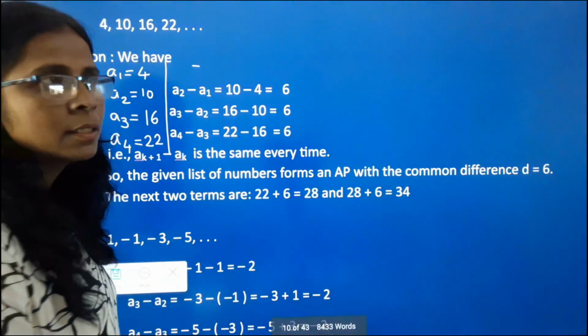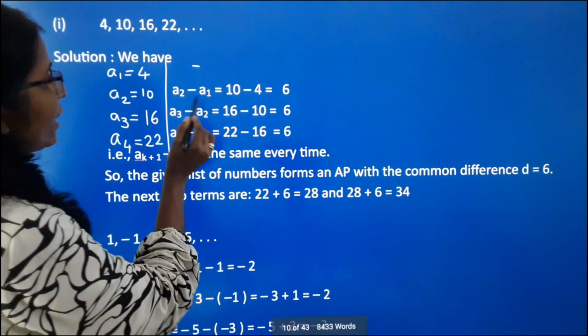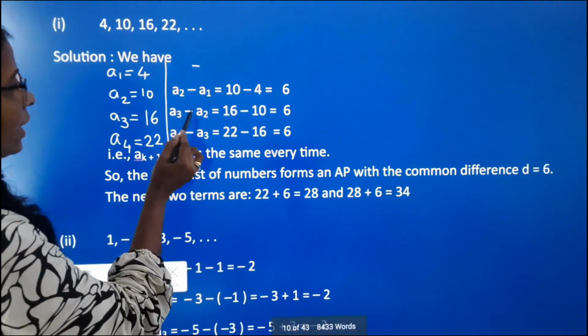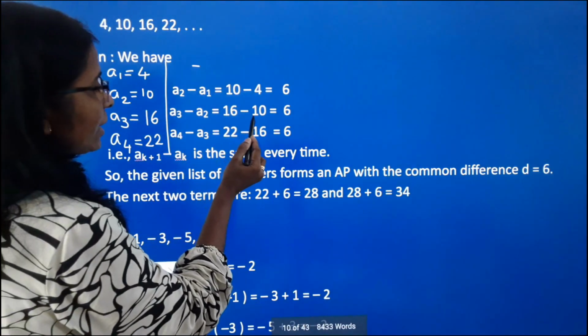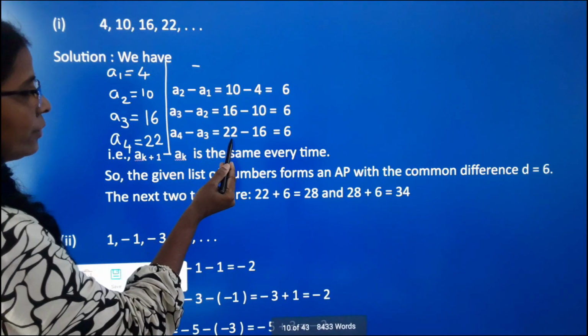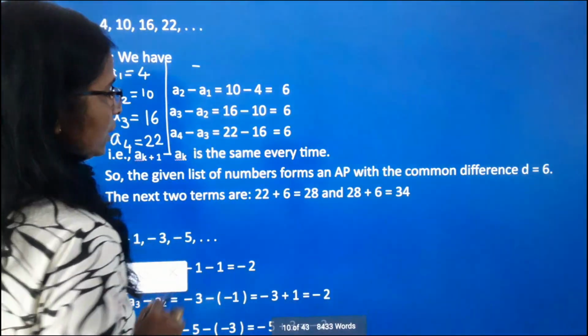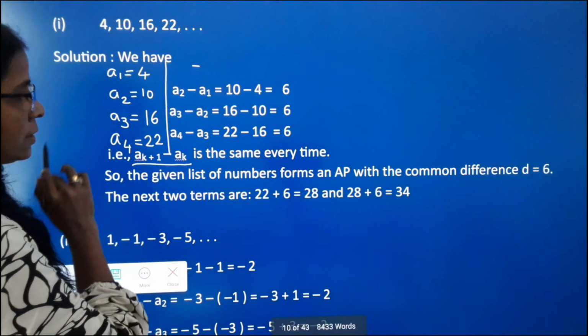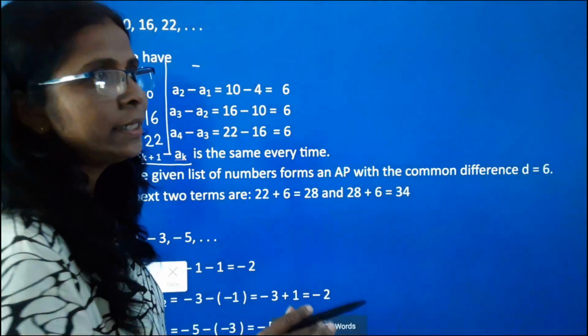Leave the first place and use the formula: A2 minus A1 is equal to 10 minus 4, which is equal to 6. A3 minus A2 is equal to 16 minus 10, which is equal to 6. A4 minus A3 is equal to 22 minus 16, which is equal to 6. So here A(K+1) minus AK is the same every time.